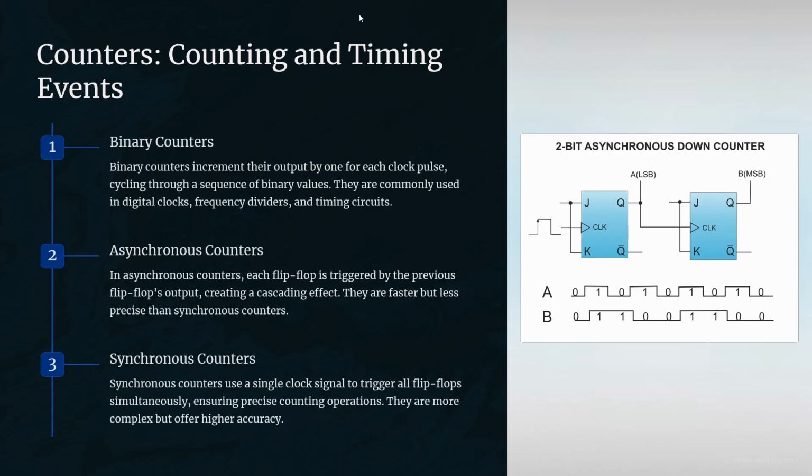Asynchronous counters. In asynchronous counters, each flip-flop is triggered by the previous flip-flop's output, creating a cascading effect. They are faster but less precise than synchronous counters.